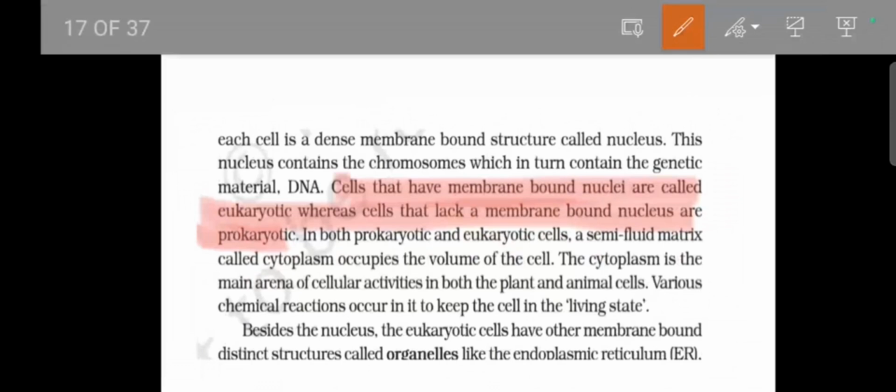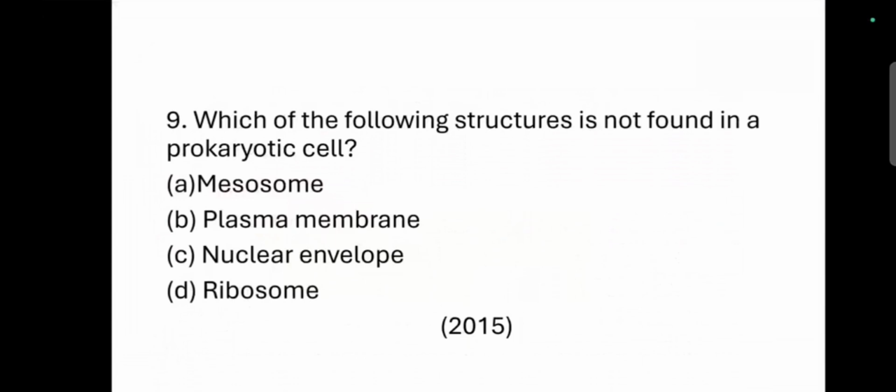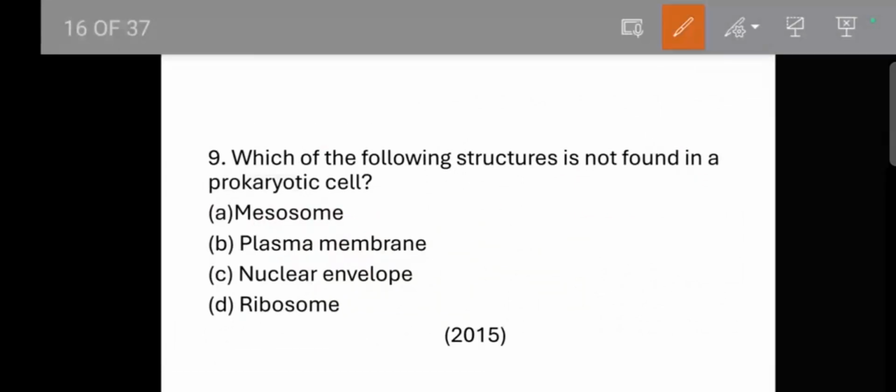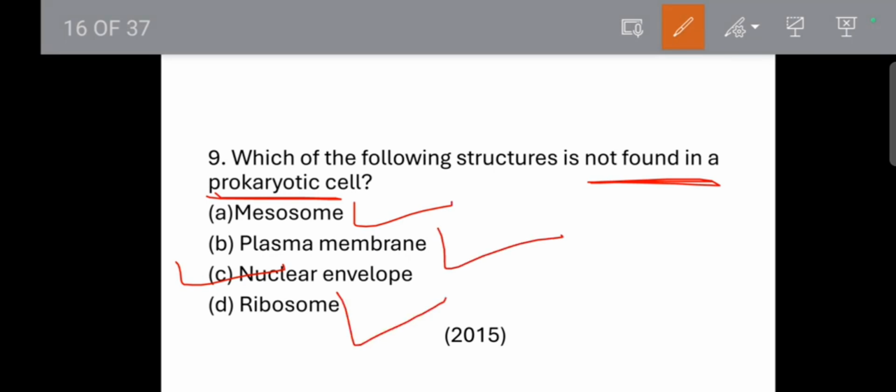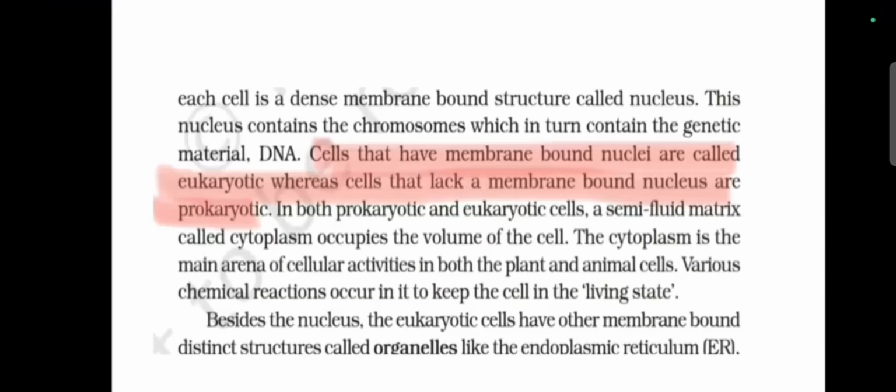The eukaryotic cell has a double layer membrane bounded nucleus. So the nuclear envelope is not present in prokaryotic cells. The mesosomes are present, the plasma membrane is present, and the 70S ribosomes are present in the prokaryotes.